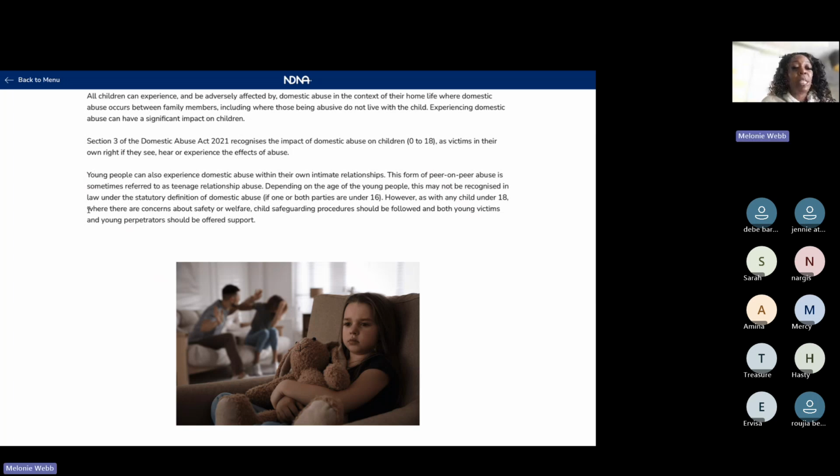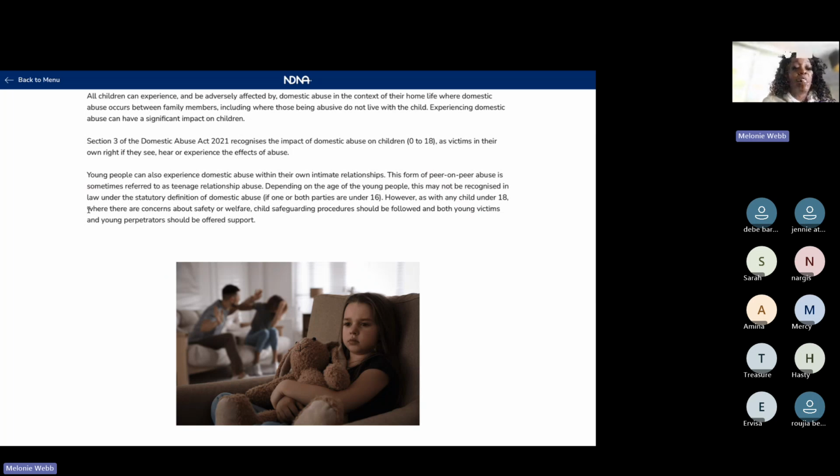Young people can also experience domestic abuse within their own intimate relationships. This form of peer-on-peer abuse is sometimes referred to as teenage relationship abuse. Depending on the age of the young people, this may not be recognised in law under the statutory definition of domestic abuse. So that's basically saying to us that, say, you have a 15-year-old girl who's in a relationship with a 17-year-old girl.